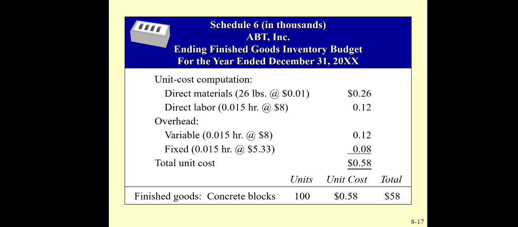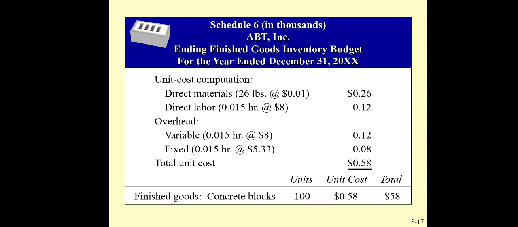The budgeted direct material cost is 26 cents. Why 26 cents? Because the material used in the production of 1 unit of product is 26 pounds, and the price for the material is 1 cent per pound. So the total direct material cost per unit is 26 cents. Am I right? Yeah, I think so.